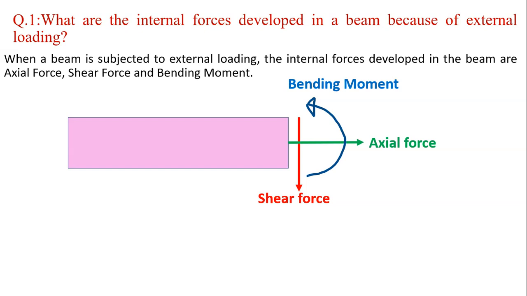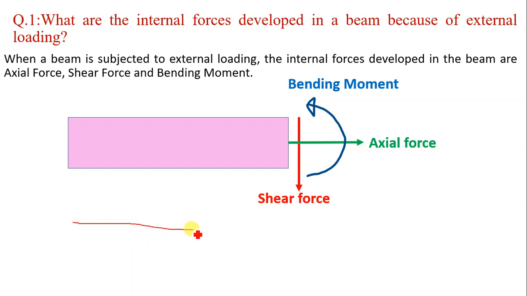What are the internal forces developed in a beam when it is subjected to external load? The answer is that there are three internal forces developed in a beam when external load is acting on it: shear force, axial force and bending moment.